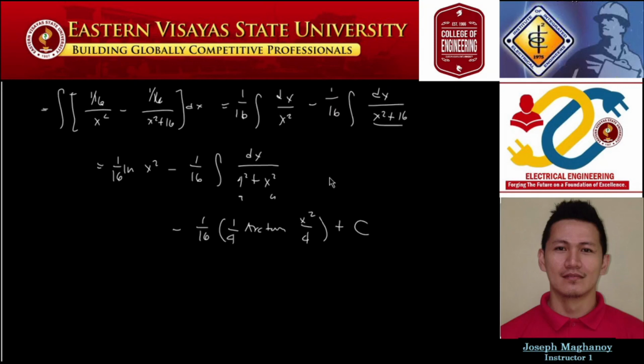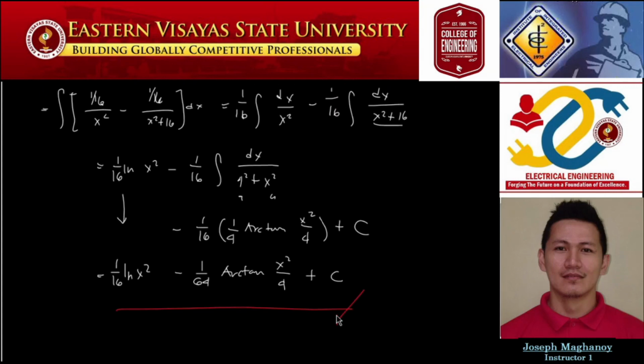So we multiply 1 over 16 times 1 over 4, that is 1 over 64 arctan x squared over 4 plus c. Then we copy our first term, that is 1 over 16 ln x squared. So finally, this is our final answer for our second example.